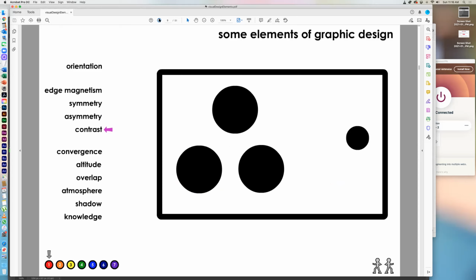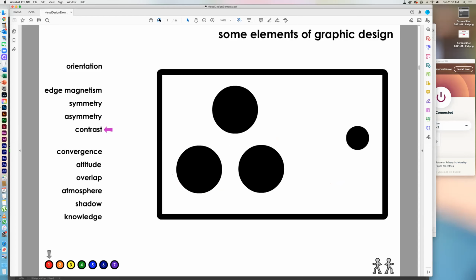And contrast exists in a lot of different ways. This is one of those interesting things of asymmetrical balance, where just by the distance and the size, that smaller circle is balancing off in attention the triangle of 3 circles.